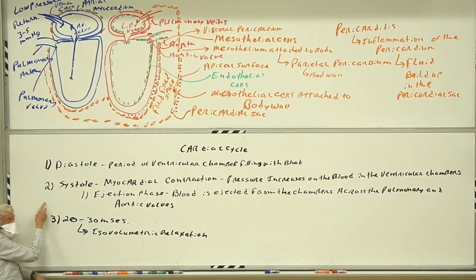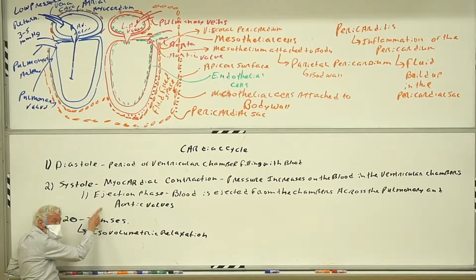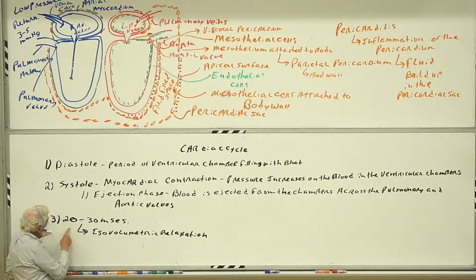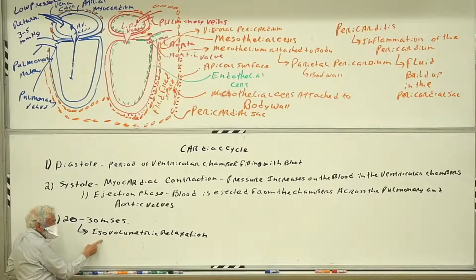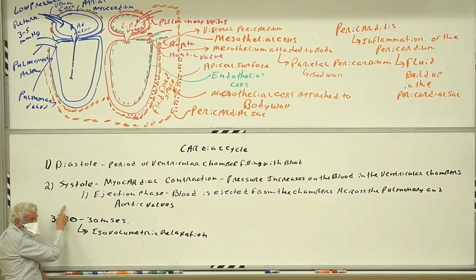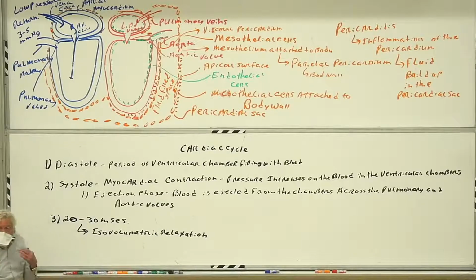And yet, systole is defined as the contraction of the ventricular myocardium generating pressure. Well, by the time we get to this number 3 point with isovolumetric relaxation, the myocardium isn't contracting. So it really isn't in systole. So to my mind, this period is kind of in that netherworld. It's neither systole nor diastole. It's a brief period in between.